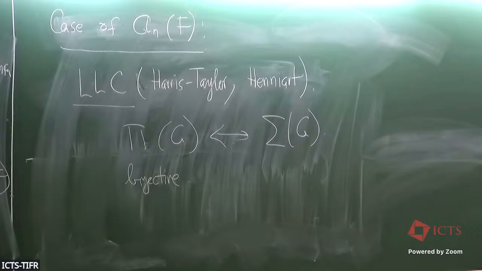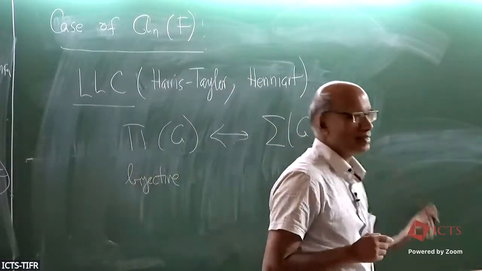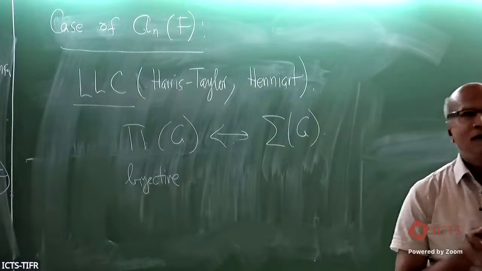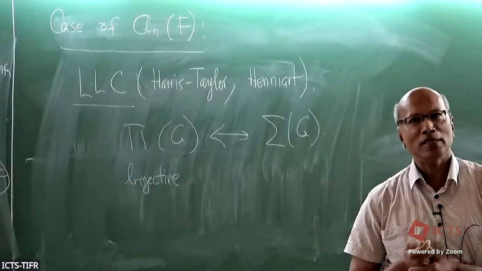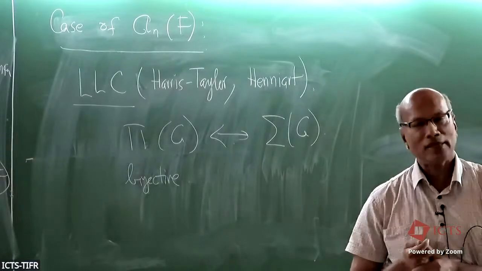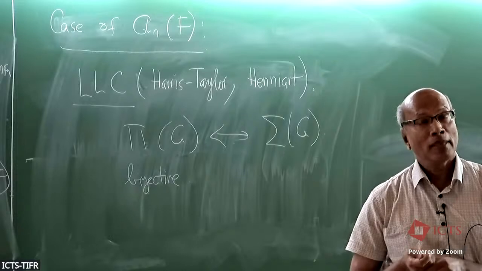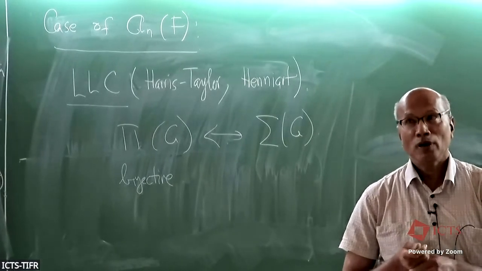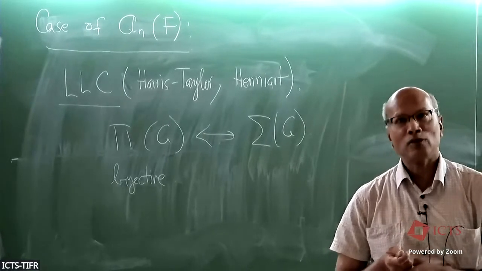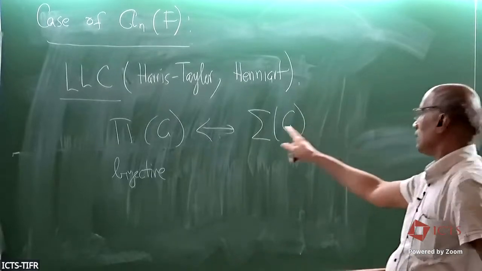Of course, before I should have begun the local Langlands correspondence, I should have mentioned that the local Langlands correspondence is supposed to be a generalization of the local class field theory, which identifies characters on W_F to characters on F cross. This is just the GL_1 theory.